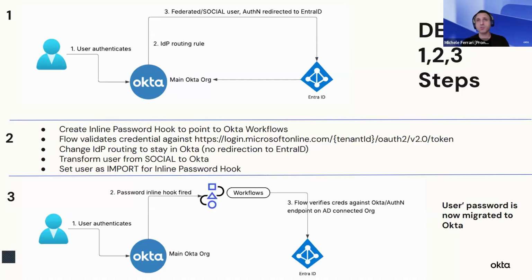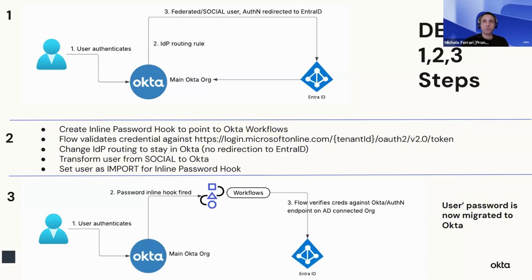The workflow is going to change an attribute on the user, because the power of the IDP routing is that you can use really whatever you want to decide where the user is going to be redirected. So the next time the user tries to log in, it will check this attribute, which I call source of authority, equal Okta. So it knows that Okta doesn't have to redirect to Entra anymore, but Okta can take care of authentication.